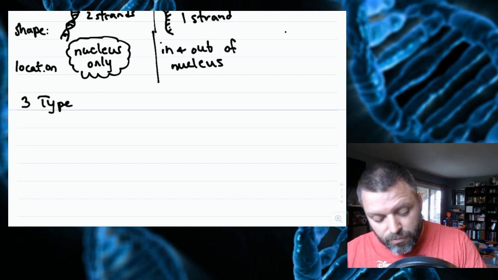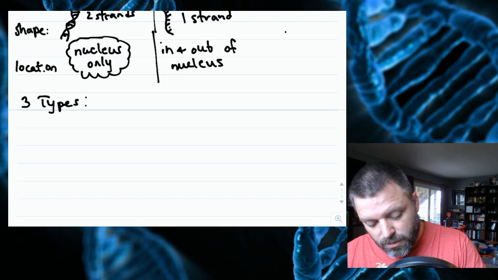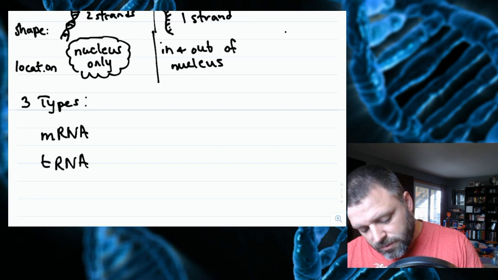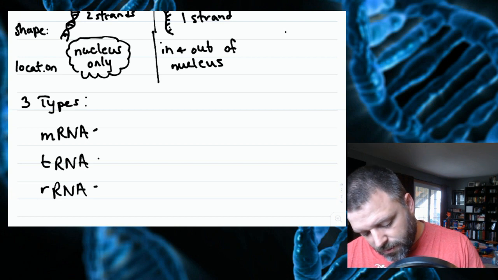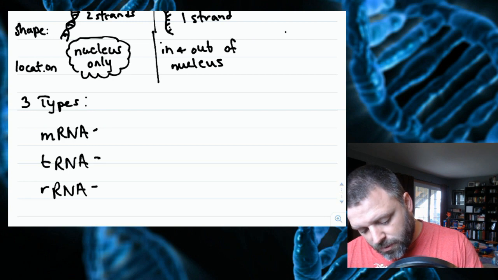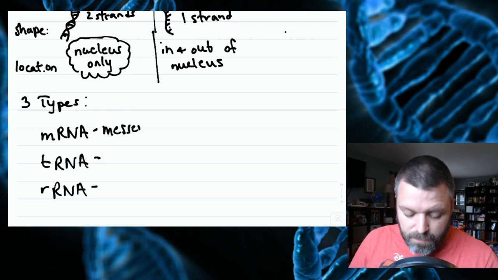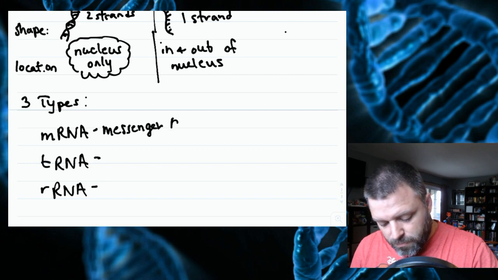There are three types of RNA, and we're going to talk about them in the next series of notes. The three types are mRNA, tRNA, and rRNA. We're going to spend most of our time talking about mRNA, and that M stands for messenger.